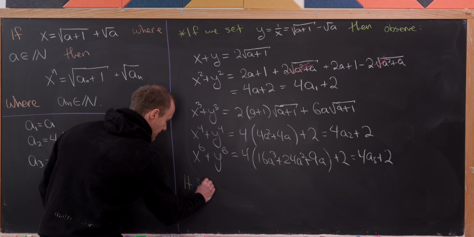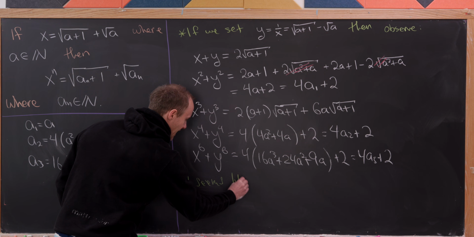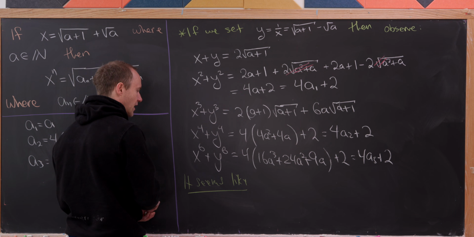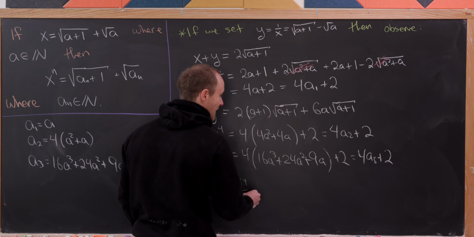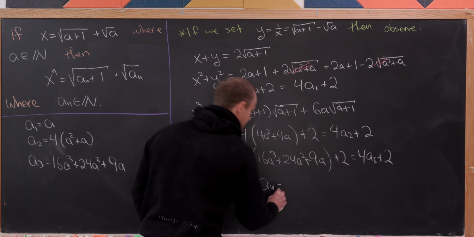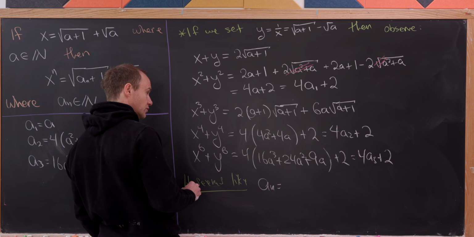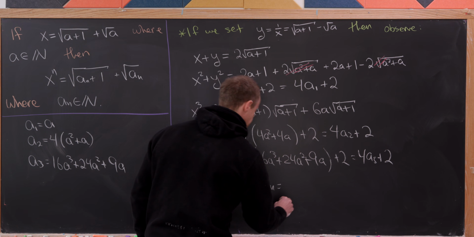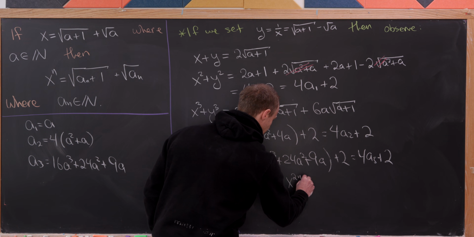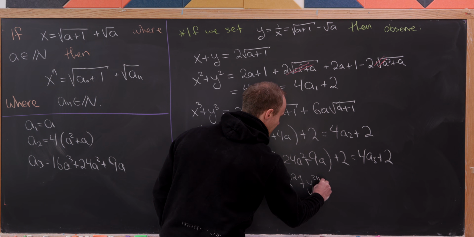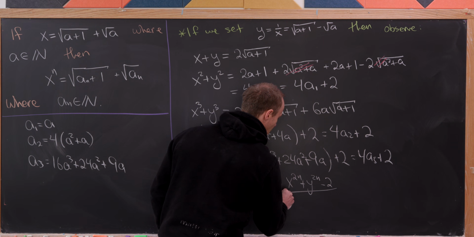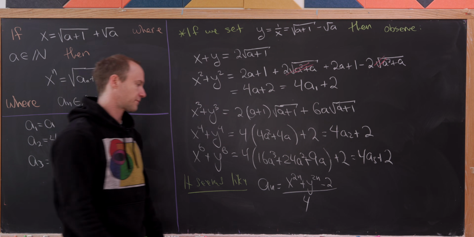So I think maybe this leads us to say that it seems like the following is happening. And that is a sub n is equal to x to the 2n plus y to the 2n minus 2, all over 4.